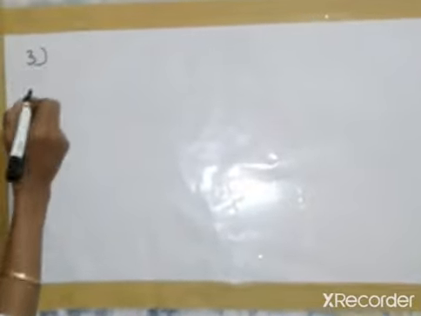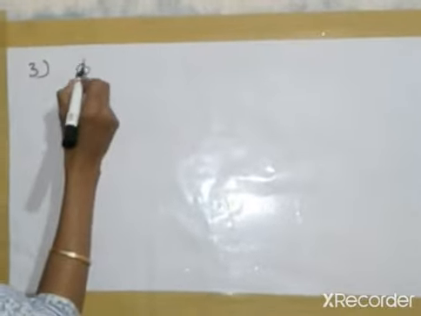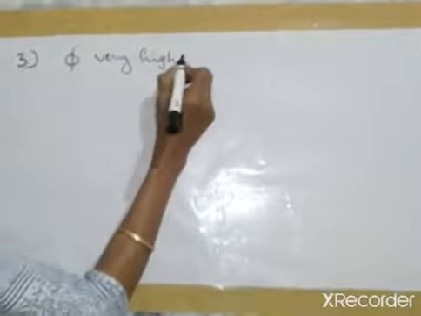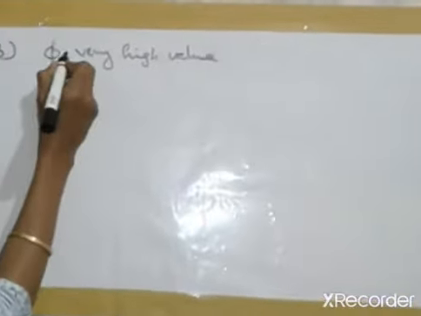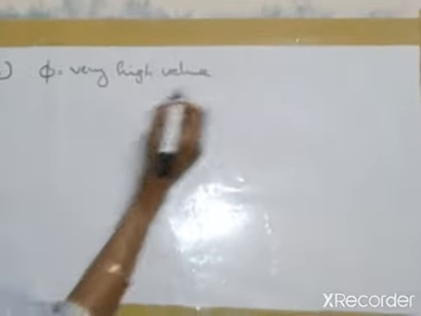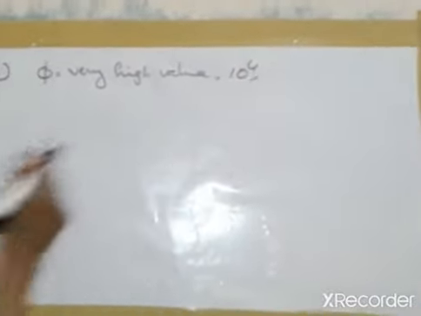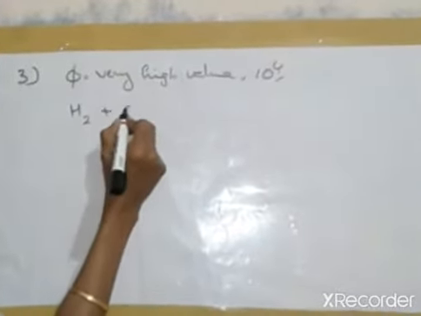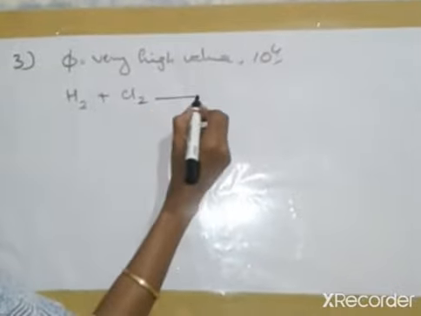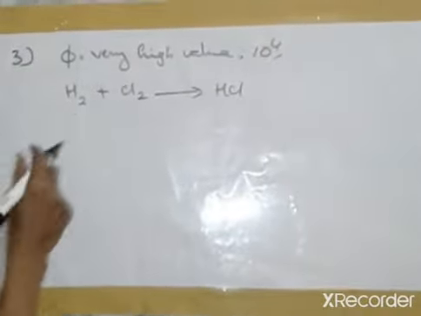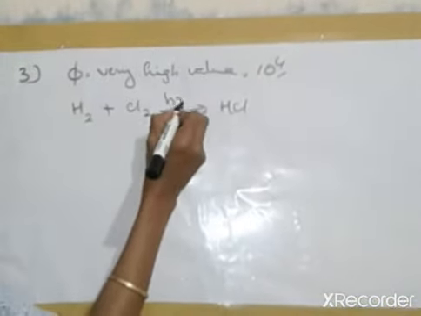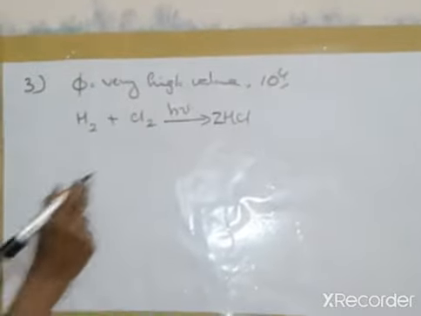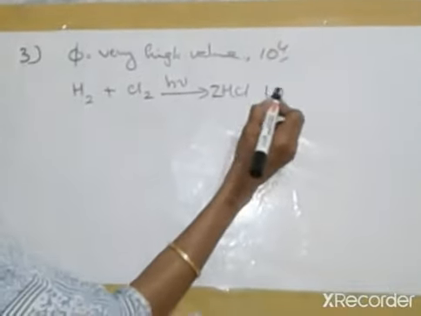The third type is reactions having a very high quantum yield, about 10 raised to 4 to 10 raised to 6. Example: the photochemical formation of HCl from hydrogen and chlorine, where the value is about 10 raised to 5.